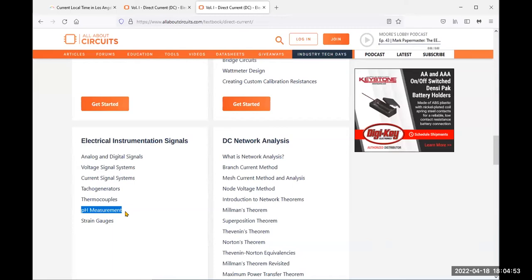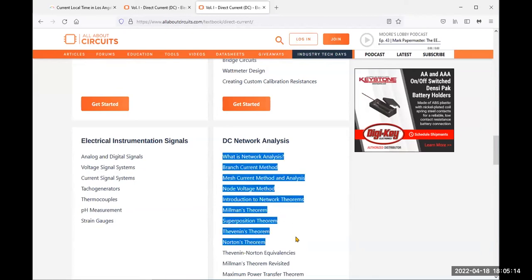Even the classes after the next level never mention measuring pH. Thermocouples, no. Tachogenerators, nah, that's just too far out of scope for the class. And even though they are important for electronics or electrical engineering, they are just too much for our class.